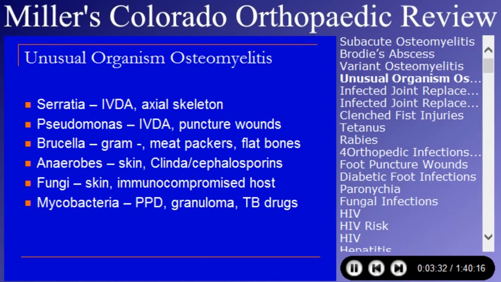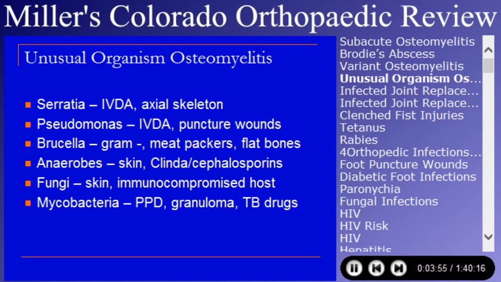There are some specialized infections that always get play on the test. Watch out for Serratia in IV drug abusers. It tends to be an axial skeleton lesion. Pseudomonas occurs in IV drug abusers and in puncture wounds through tennis shoes.